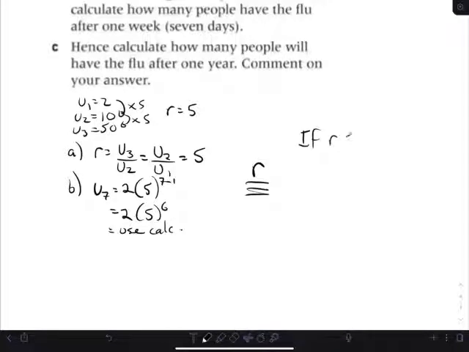If R is less than 1, then you have a shrinking rate. So if you're thinking of transmission of disease, it means that if a person has it, and your ratio is less than 1, let's say R is equal to 0.8 for an example, they'll spread it to 0.8 of a person.